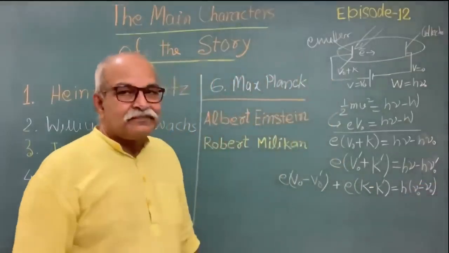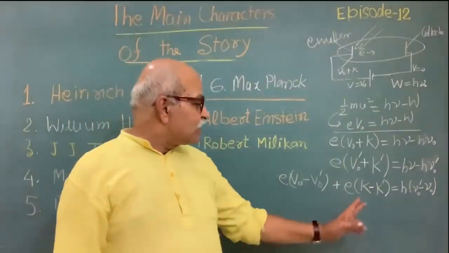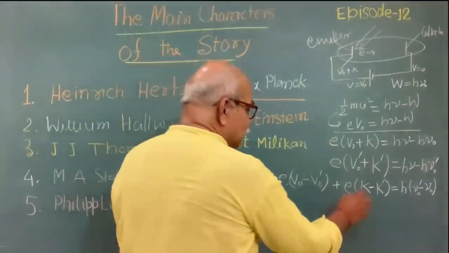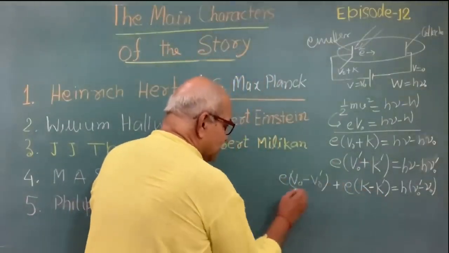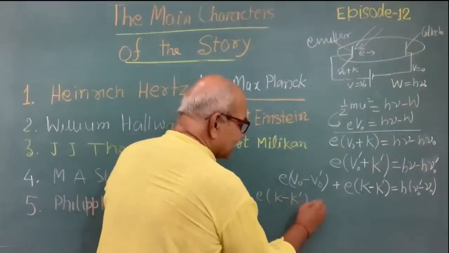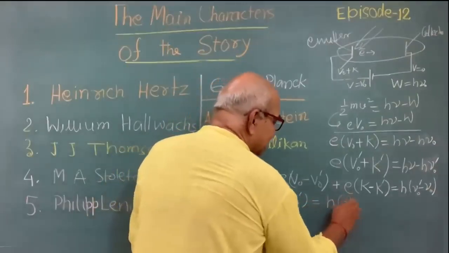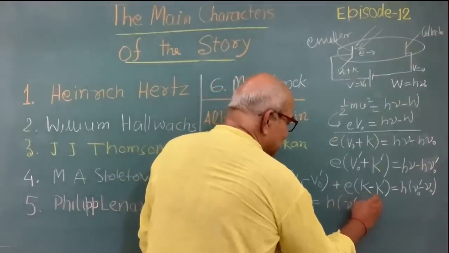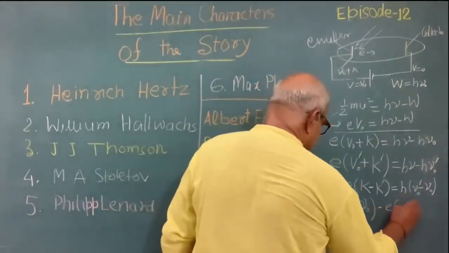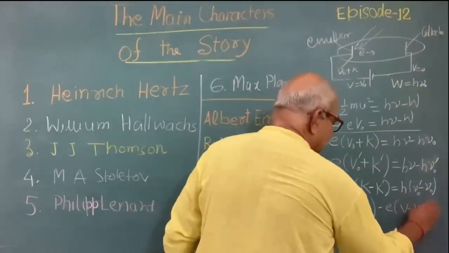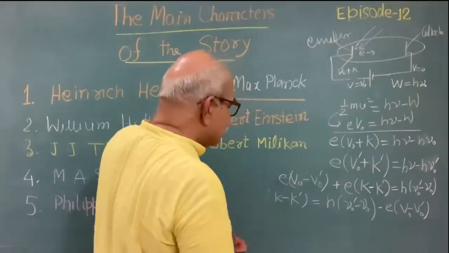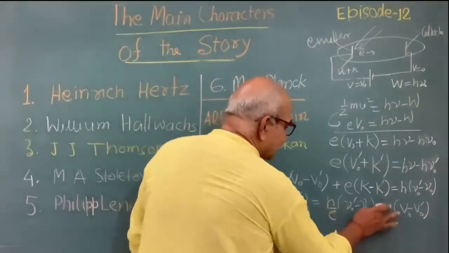And from here you can write what is this, K minus K prime. So E times K minus K prime is equal to H times nu naught prime minus nu naught, and then minus E times V naught minus V naught prime, like this, and divide by this E, so you get H by E here, and this E goes away.